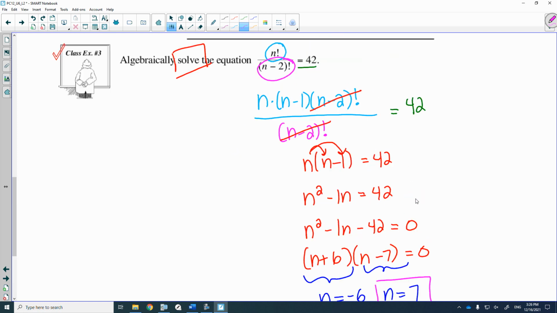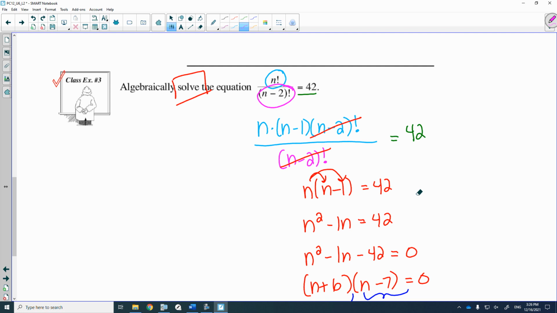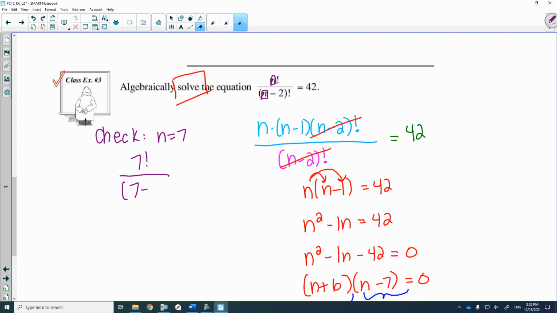How you would check your answer. So we're getting n is equal to 7. So let's see how we could check that we did this correctly. You're going to go to your original equation, and where we see n, we're going to take n out, and we're going to put in a 7. So that would give me 7 factorial over 7 minus 2 factorial. 7 factorial over 7 minus 2 is 5 factorial.